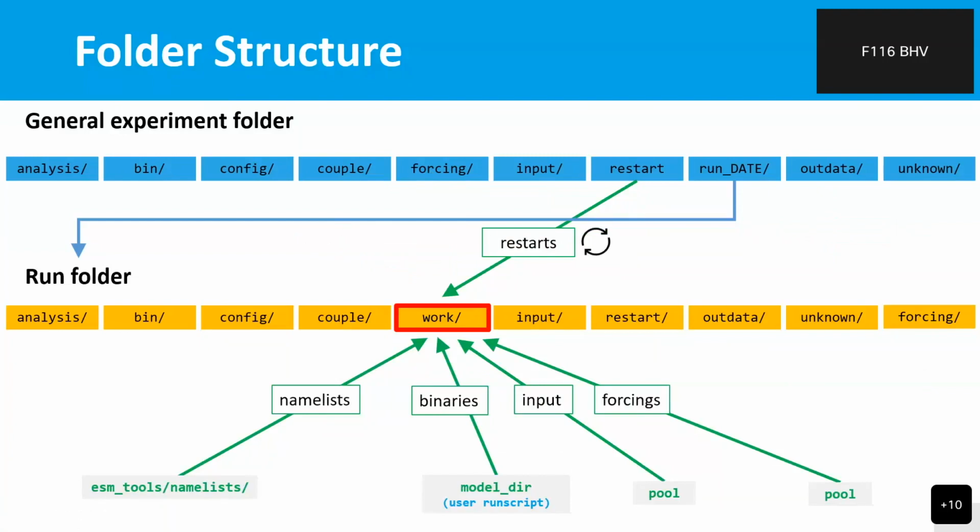And if this is, for example, a second run, not the first run, it's also going to be taking the restarts from the general experiment folder and putting them into the work folder. It's not exactly like that. Okay, this is the beautiful scenario, and this is how it will work in the future, and you won't have all these many folders.